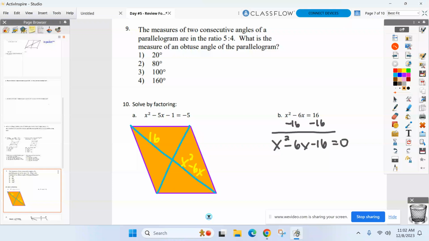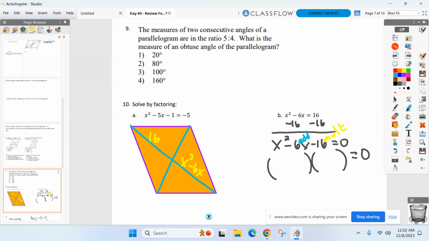This is the only type of factoring you're going to be responsible for: 2 numbers that do this and do this. So let's start. 2 numbers that multiply to, which one up here? The C value, the last value, if it's written in order. So 2 numbers that multiply to negative 16, but at the same time add to negative 6.